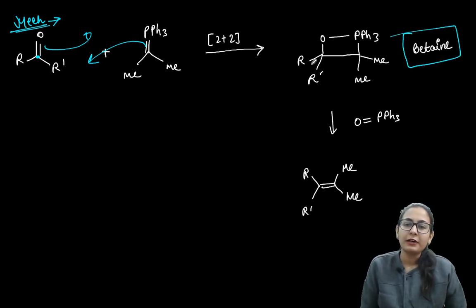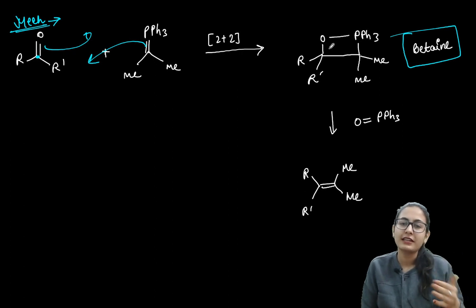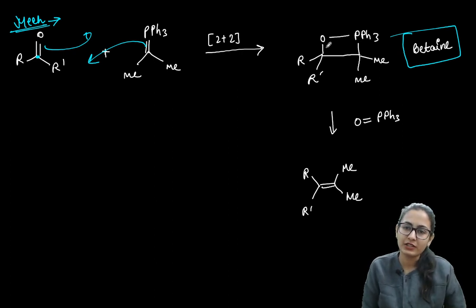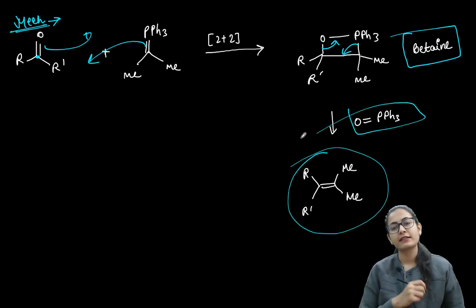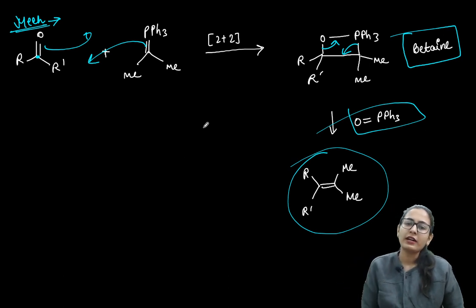Okay, and that further on, let's say, by reverse 2+2 cycloaddition, is going to break the four-membered ring and it is going to form this alkene. Okay, like this. So it forms the alkene and your phosphine oxide is eliminated. So this is how the mechanism goes. Alright, so this was our very basic mechanism that we have talked about in the Wittig reaction.